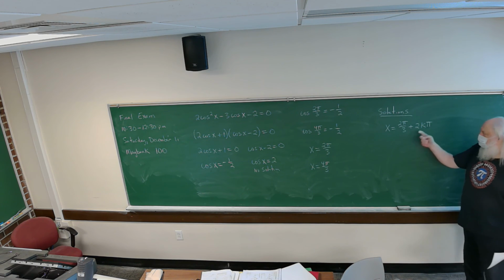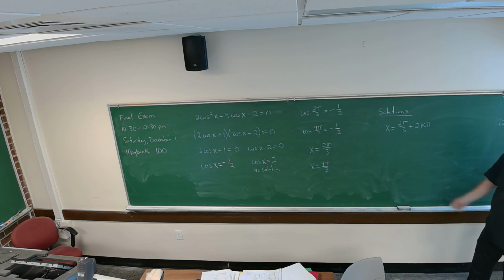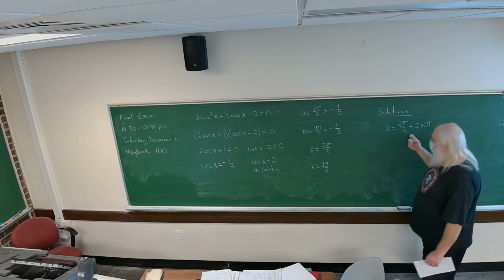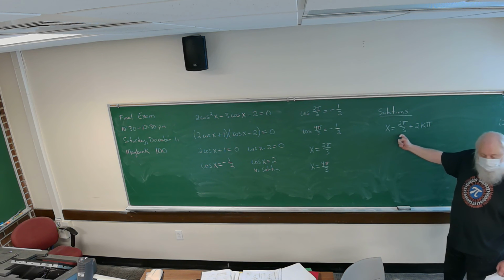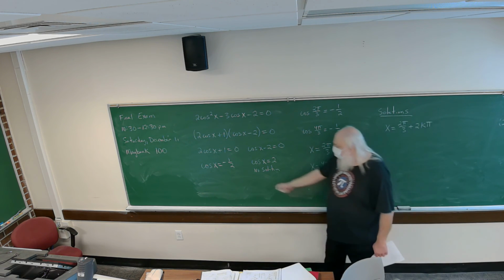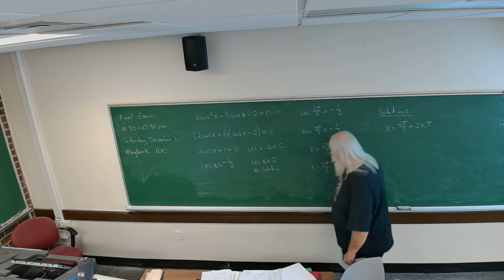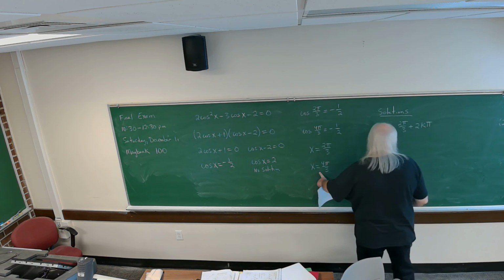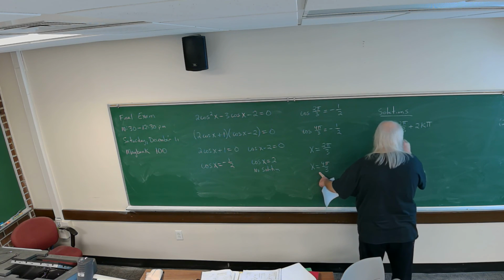So 2 pi over 3 plus 2k pi gives us all the angles that are coterminal to 2 pi over 3, and the cosine of those angles is equal to minus 1/2. And then we add 2k pi to 4 pi over 3.